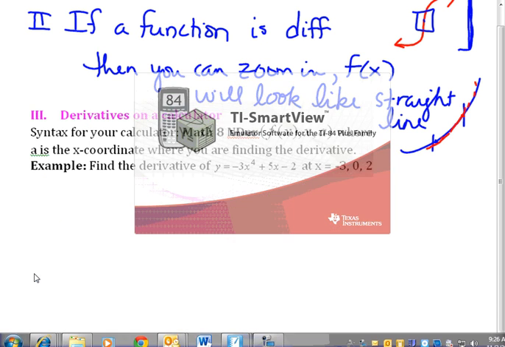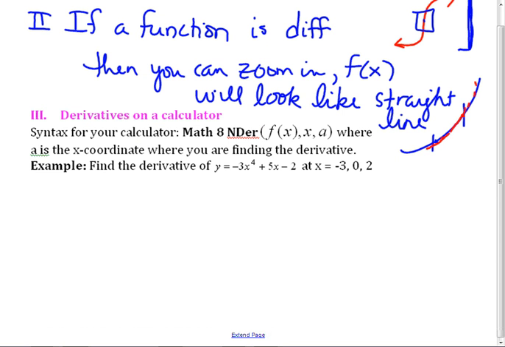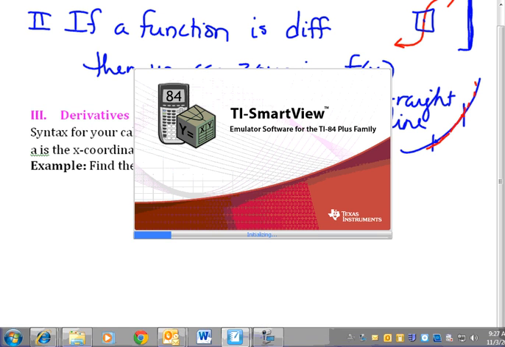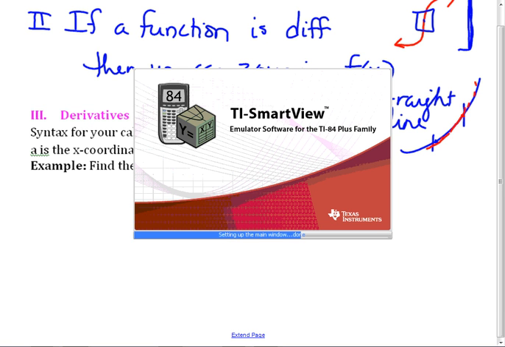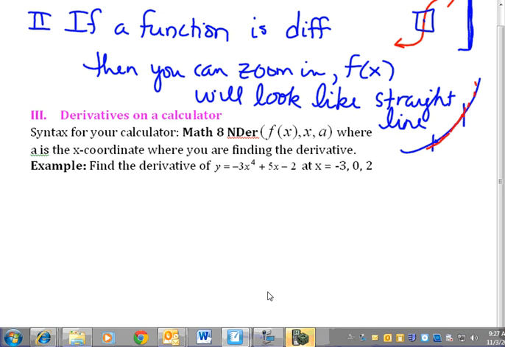There it is. Now, unfortunately, I'll do this first. The syntax will be in the pretty print. But you have the older calculator. If you have the older calculator, you're going to actually type in Math 8. Oh, and there's the syntax. Yeah, I do have it on there. So it's nDeriv.